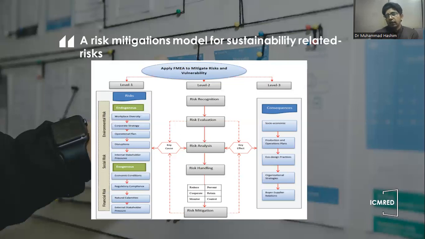And further, at the third level, we study the consequences with respect to social, economic, production and operational plans, eco-design practices, organizational strategies, and buyer-supplier relationships. So this is the whole idea of today's study. It is a risk mitigation model for sustainability-related risk, and how we can implement it step by step.